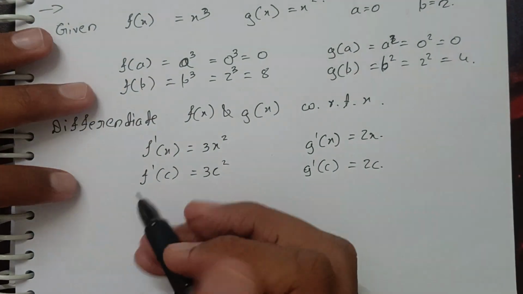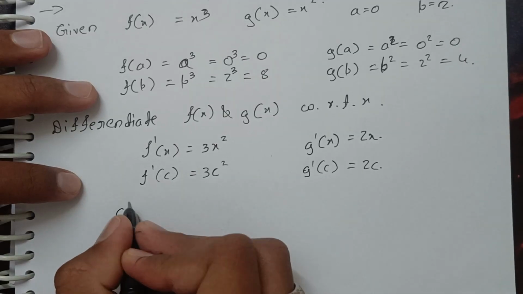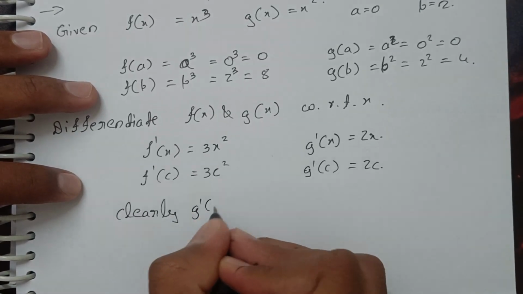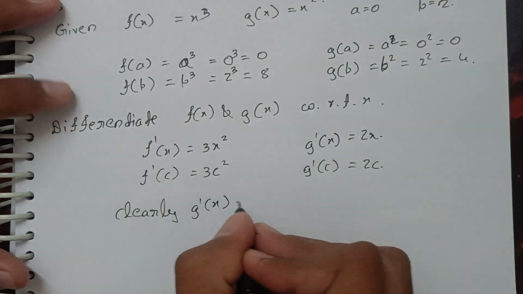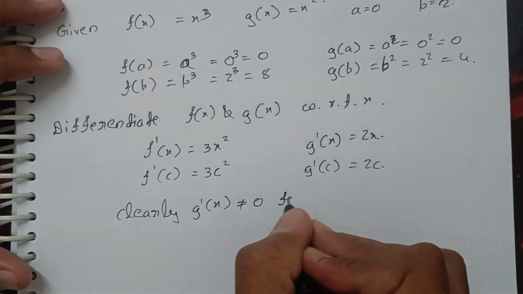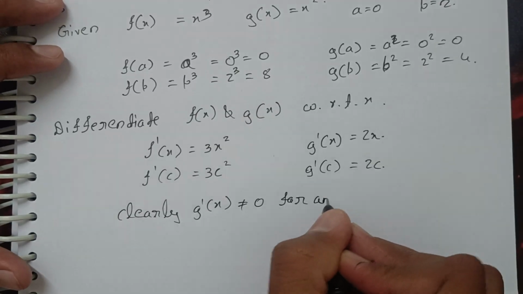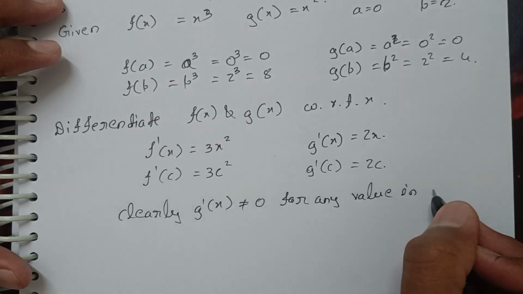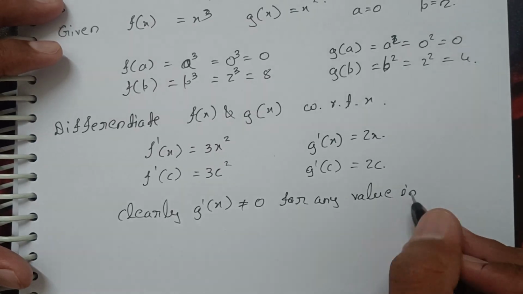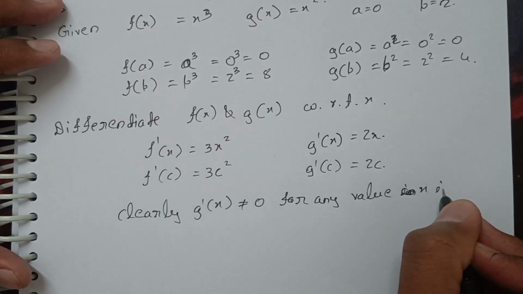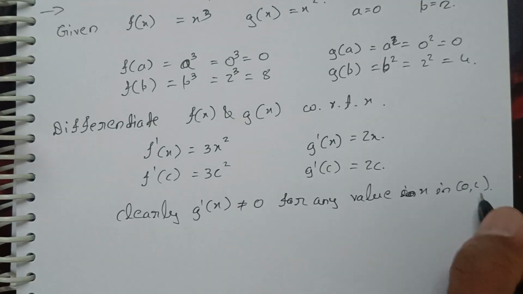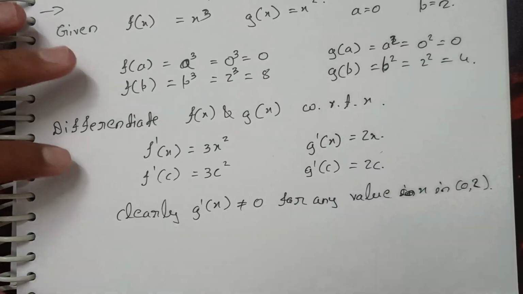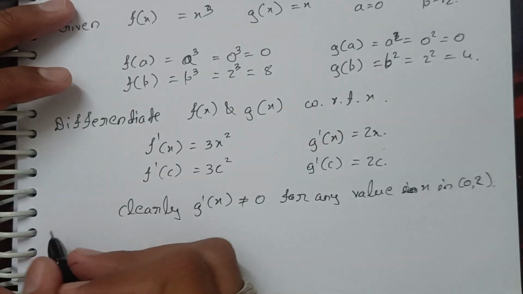So here clearly we can see that g dash of x is not equal to 0 for any value of x in (0, 2). Here we can clearly see that g dash of x is not equal to 0.